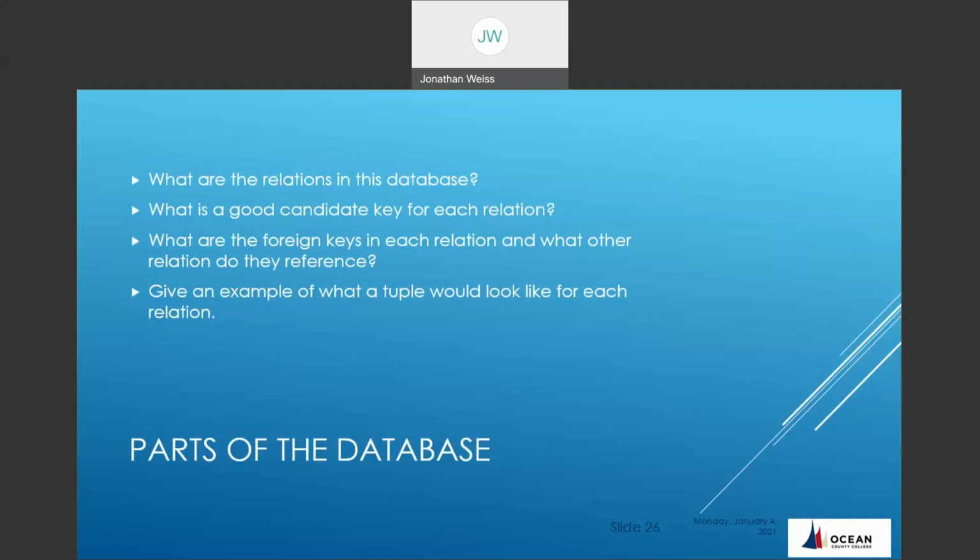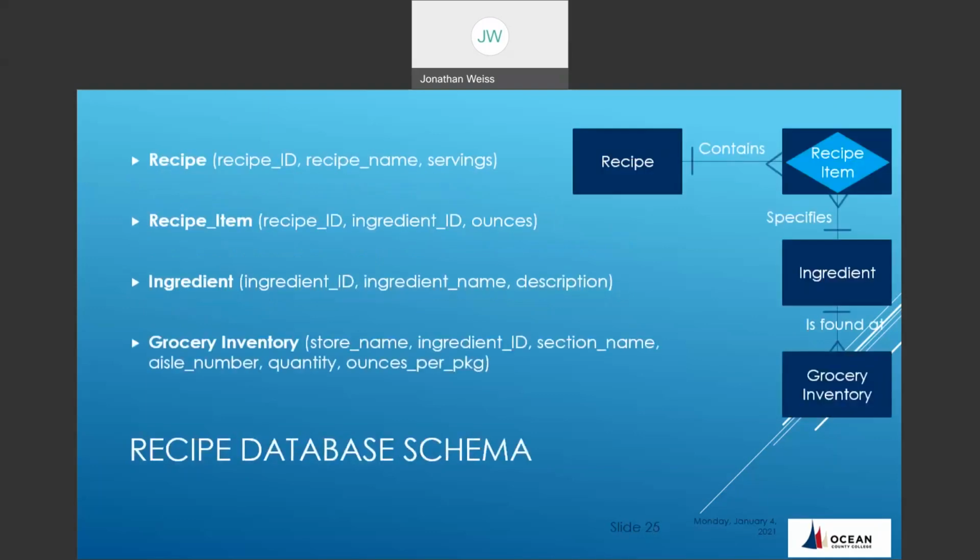The last one is, give an example of what a tuple would look like for each relation. So in your Word document, you guys can start a new Word document, try to answer these questions. I'll give you a couple of minutes to look at this database and try to answer those questions.